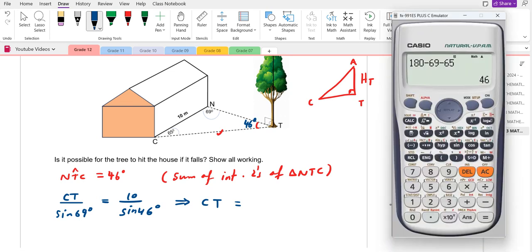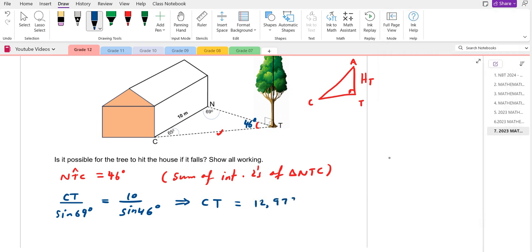Just take the sine 69 across, so 10 over sine 46 times sine 69, right? So I'm getting an answer of 12,978. 12,978 meters. I think it was in meters.